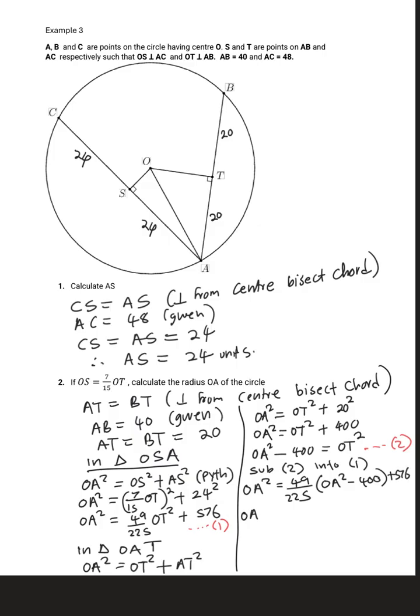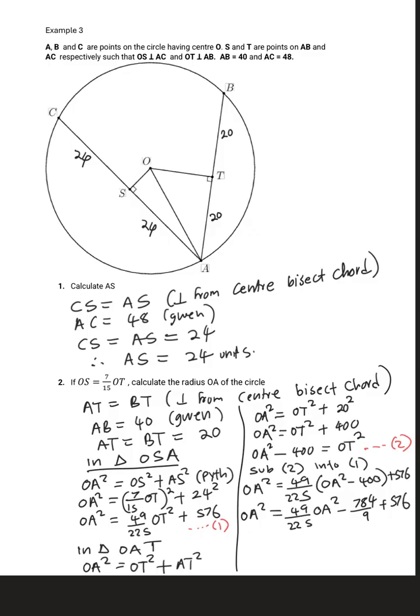Then OA squared is equal to 49 over 225 OA squared minus 49 over 225 times 400, which will give us 784 over 9, plus 576.